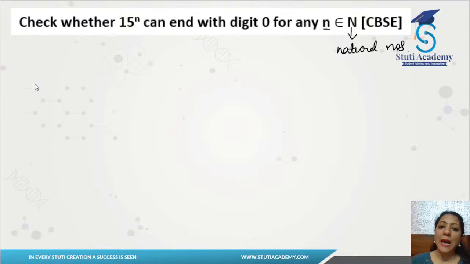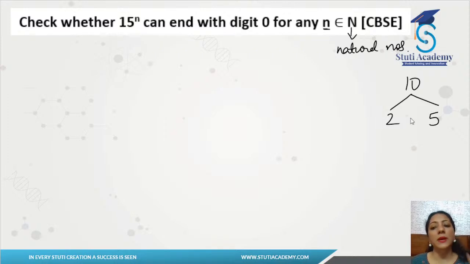Now, if a number has 0 in the ones place, that means 10 must be a factor of that number. That means 2 and 5 both must be factors of that number. I'm repeating this. I want to check whether 15 raised to the power n can end with digit 0.